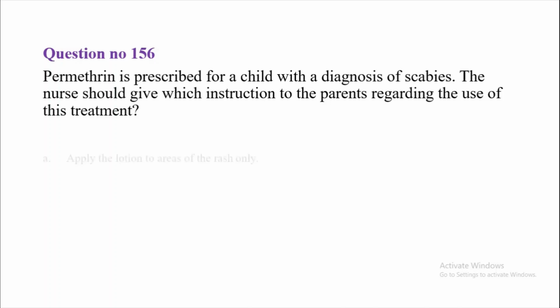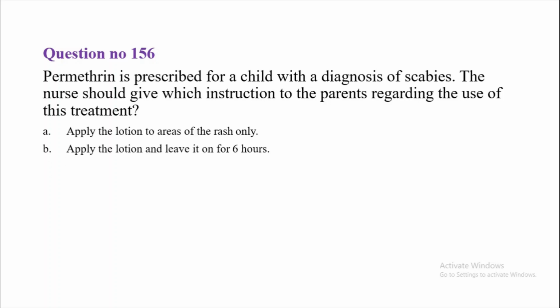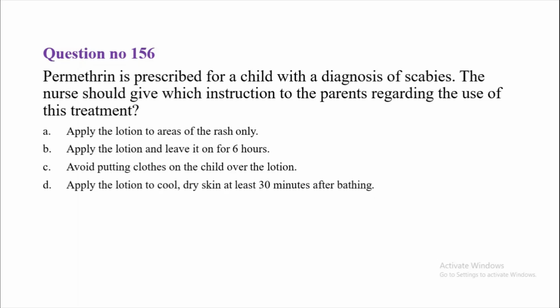The options are: A, apply the lotion to areas of the rash only; B, apply the lotion and leave it on for 6 hours; C, avoid putting clothes on the child over the lotion; D, apply the lotion to cool dry skin at least 30 minutes after bathing.